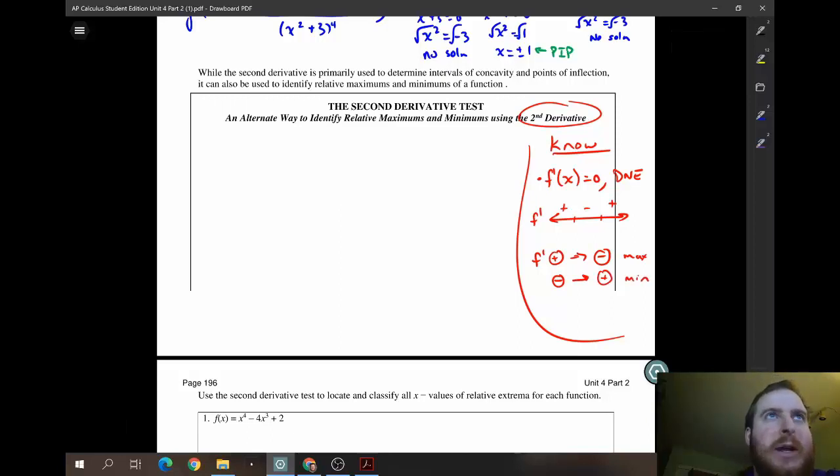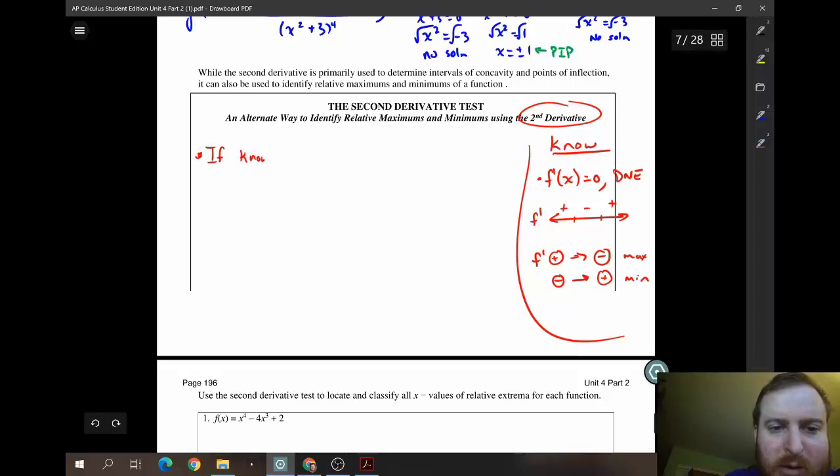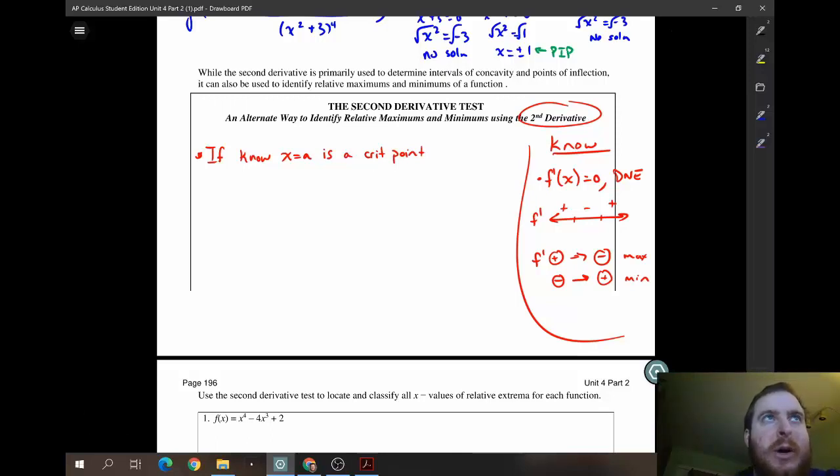This is a different way to do it. If we know some value, say x equals a, is a critical point, then either f prime of x equals 0 or DNE.